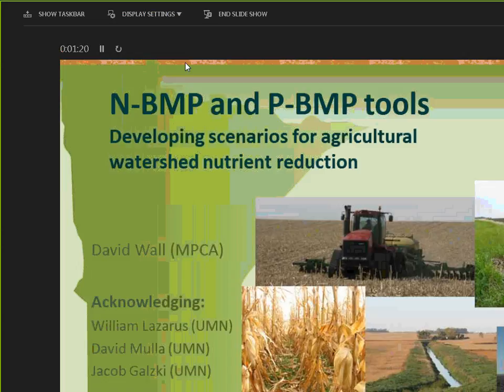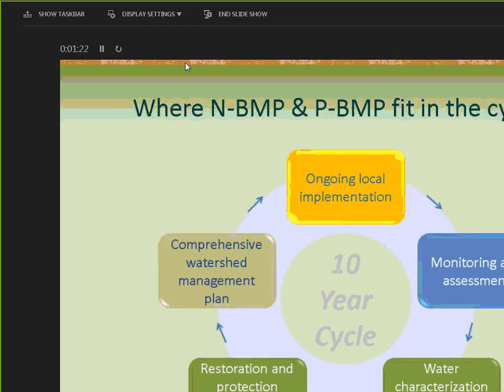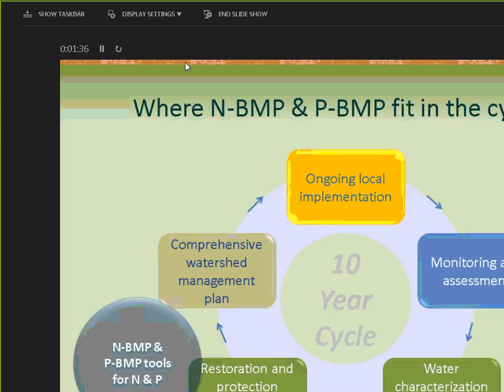Okay, so that's all background. We asked then everyone to show where it fits, and we put the N-BMP, P-BMP tools here in the RAPS area, the restoration and protection strategy, but it can also be used for local planning, the comprehensive watershed management plan.